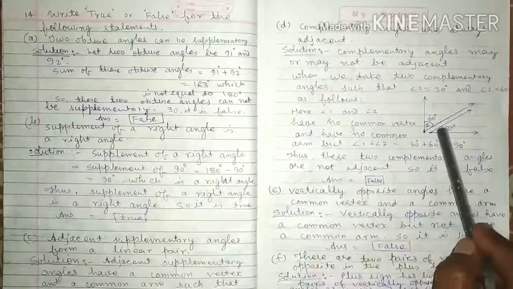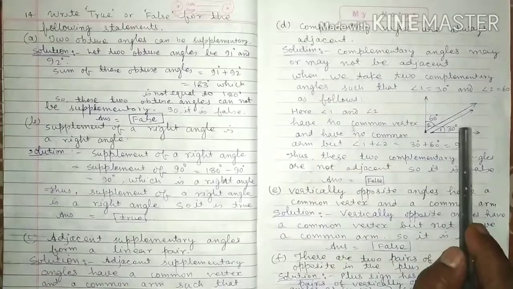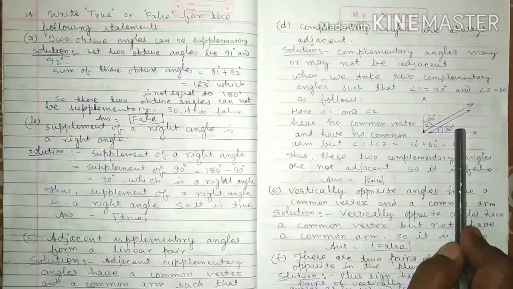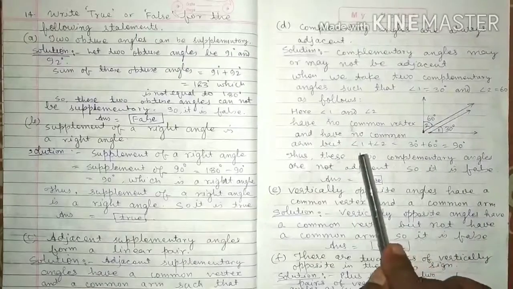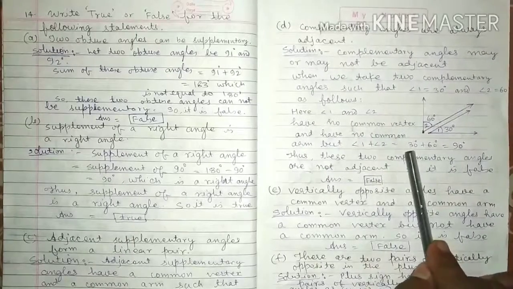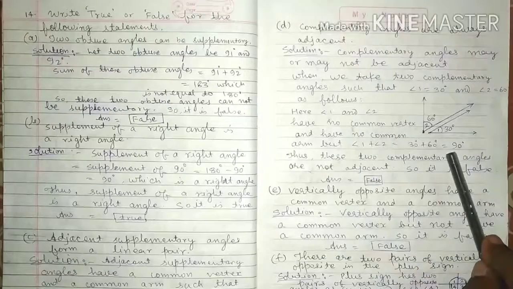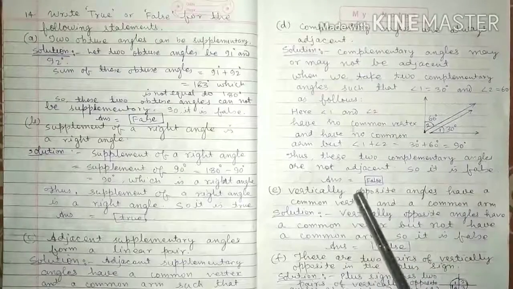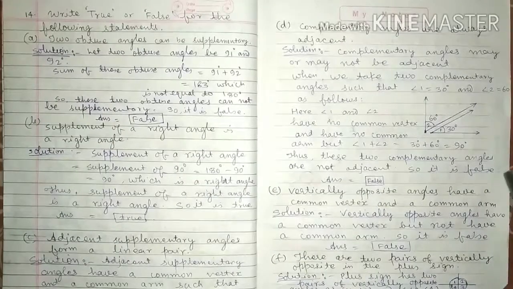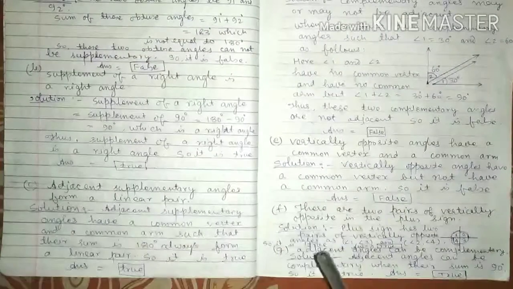Here angle 1 and angle 2 have no common vertex and have no common arm, but their sum equals angle 1 plus angle 2, and this equals 30 degree plus 60 degree equals 90 degree. Thus, these two complementary angles are not adjacent, so it is false. Answer is false.